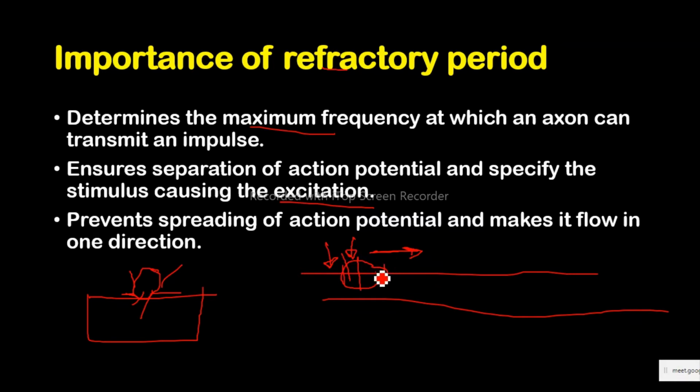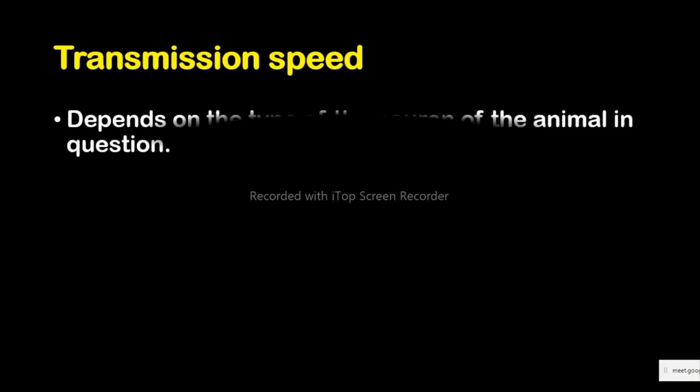So as a result, you keep on stimulating this side, this side, this side, until you reach the brain, and the brain also sends until you reach a target organ. Is that so? So it maintains a unidirectional flow of an electrical impulse, so that it doesn't create confusion or perturbances.